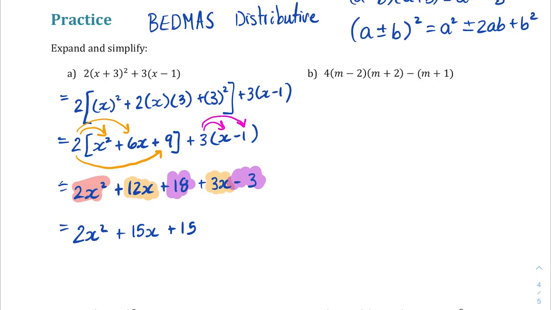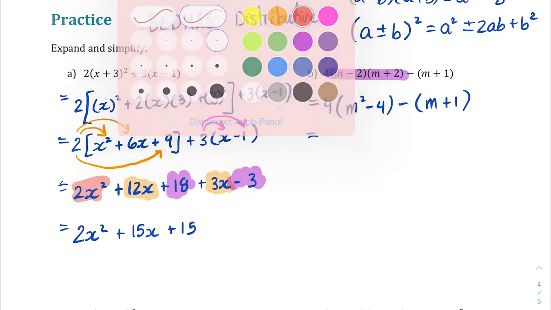Okay, for the next ones, I'm going to go a little bit faster, and that way you can just check your answers. So see if you can follow along. So my strategy in this case, I notice that this is a difference of squares multiplied by 4. So it's going to be m squared minus 4. I do nothing to the second term for now. I apply the distributive property.